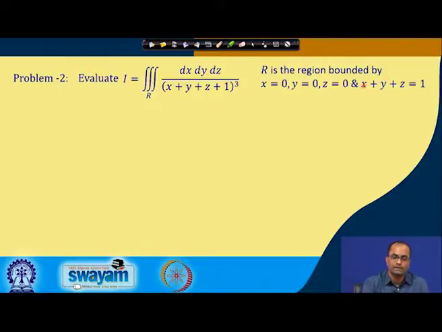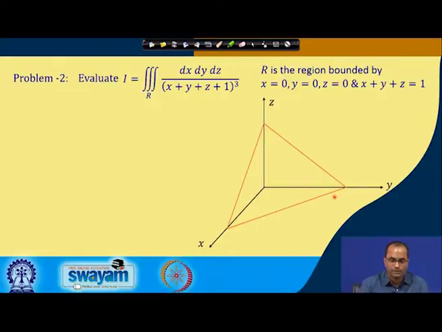So, this is cutting the x axis at 1 and also z at 1 and y again at 1. So, we have this slanted plane here, and we have these 3 coordinate planes, x is equal to 0, y is equal to 0 and z is equal to 0.